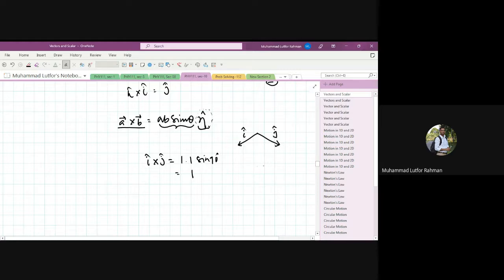So this is actually, I'm going to draw, this is your index finger, this is your thumb, and this is your hand. You have to place this finger towards the first vector i and your palm towards the second vector. When you rotate from the first vector to the second vector in that way, then your thumb will give the direction of your resultant vector.